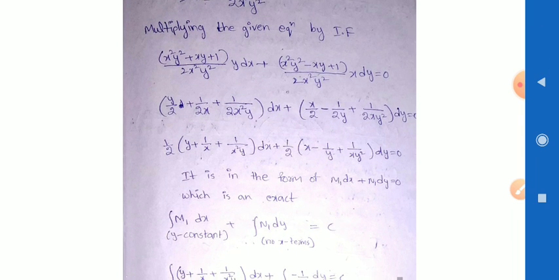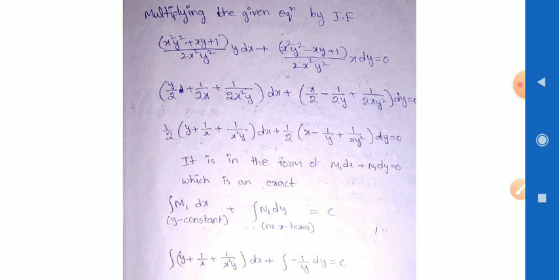By doing simplification, we get (y by 2 plus 1 by 2x plus 1 by 2x square y) dx plus (x by 2 minus 1 by 2y plus 1 by 2xy square) dy is equal to 0. Taking 1 by 2 as common, we get 1 by 2 into (y plus 1 by x plus 1 by x square y) dx plus 1 by 2 (x minus 1 by y plus 1 by xy square) dy is equal to 0.